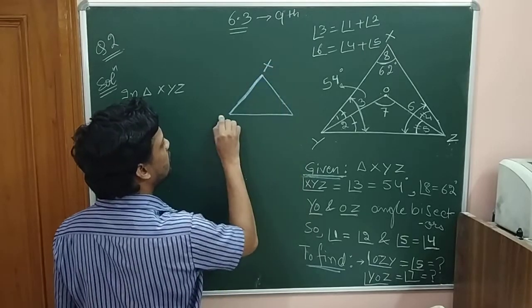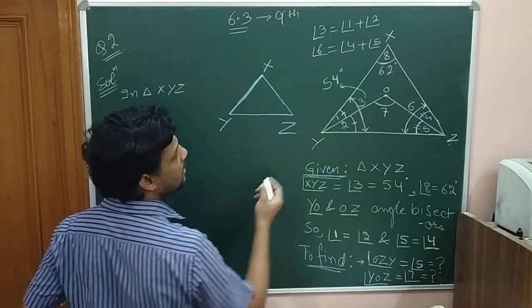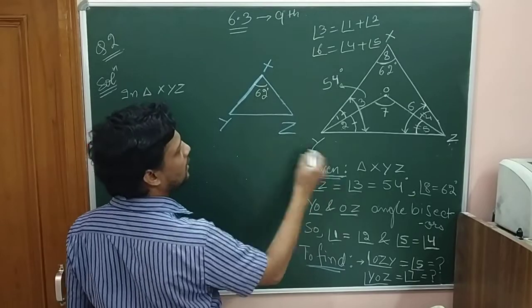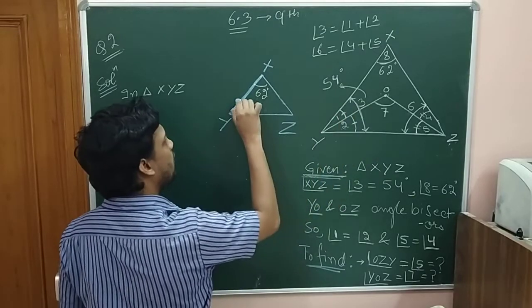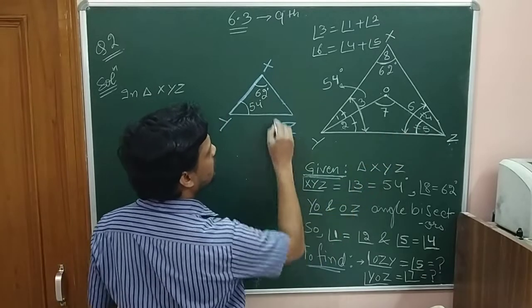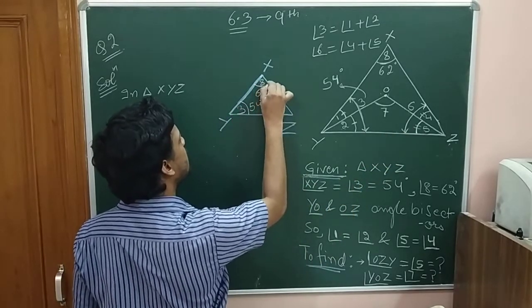This is X, Y, Z. This angle is 62 degrees. This angle is angle 3, 54 degrees. And this is angle 6, this is angle 3, and this is angle 8.